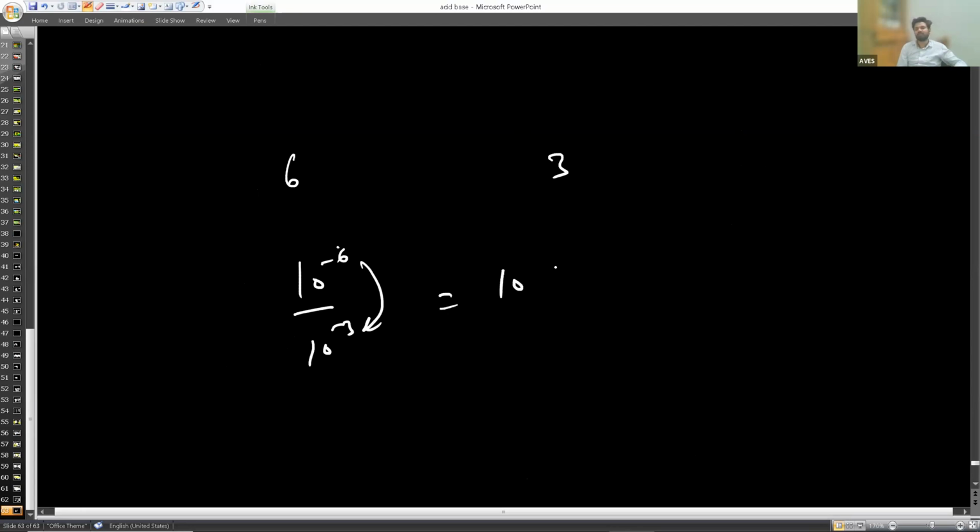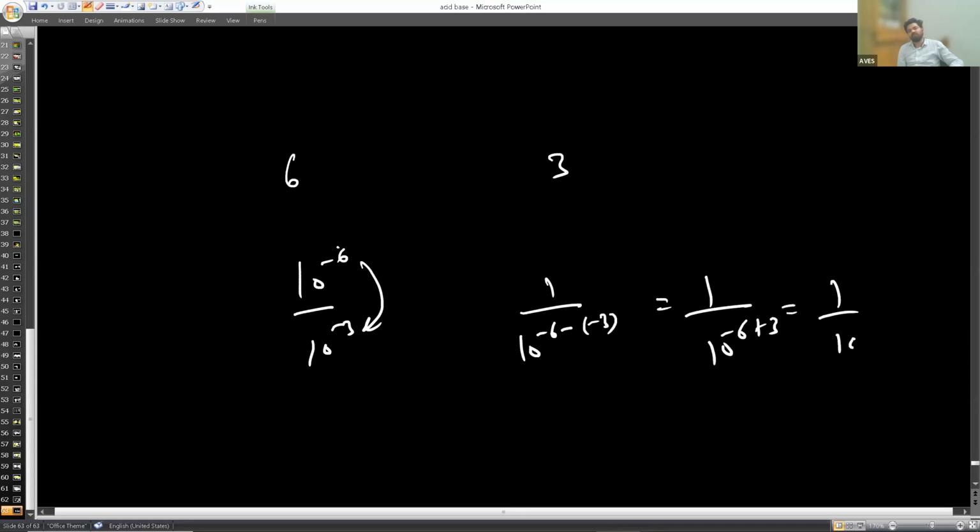So you will write 1 upon 10 to the power minus 3 minus minus 6, that is 1 upon 10 to the power 3. You will get 1 is to 1000. Got it?